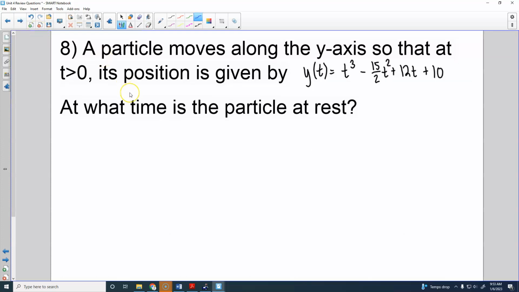Okay, here's one that, again, I'm not going to do. I just want to remind you what you have to do. A particle moves along the y-axis so that t is greater than 0. Its position is given by this formula. At what time is the particle at rest? What are you looking for there if the particle is at rest?